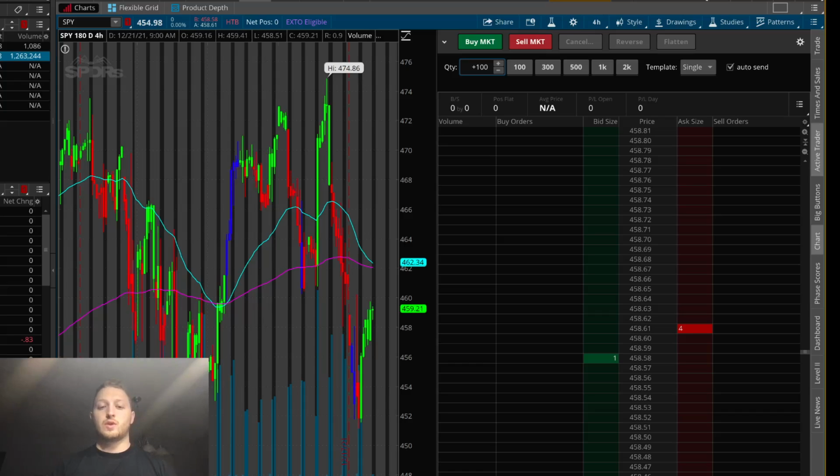If you do the math, it's pretty simple. 459.21 times 100 shares is $45,921, which is quite a bit of money. That's basically 50 grand. Most people are not going to have that when first starting out.